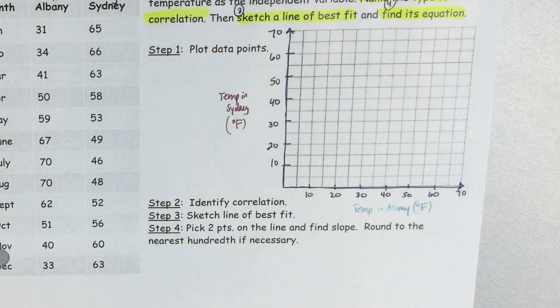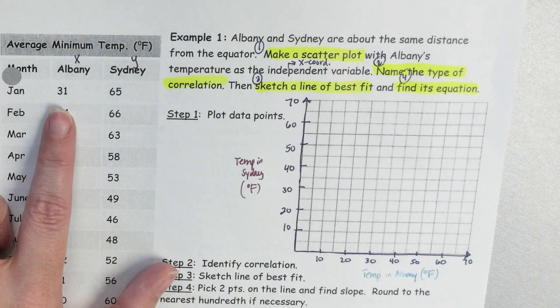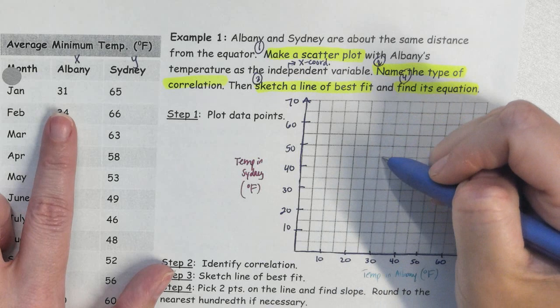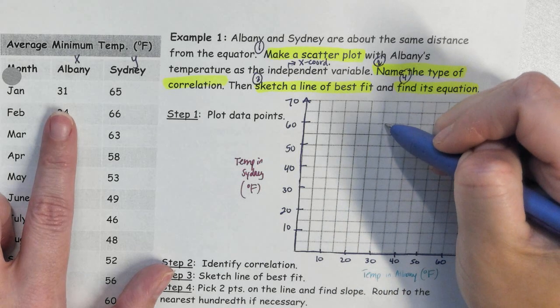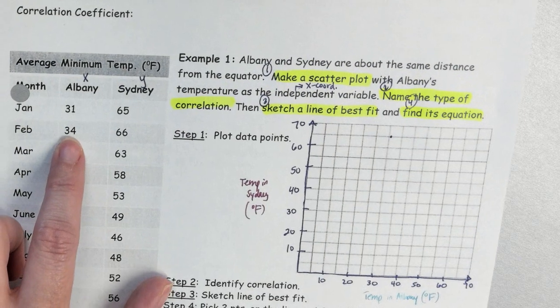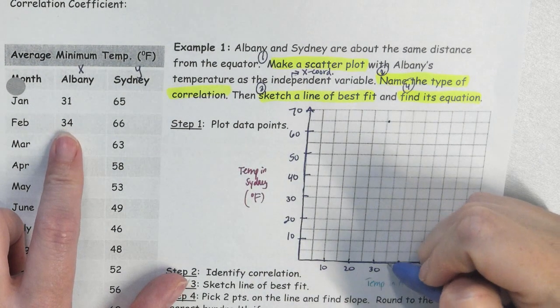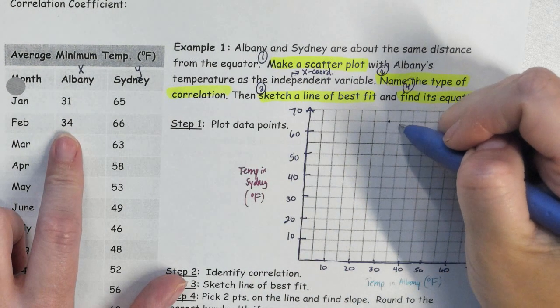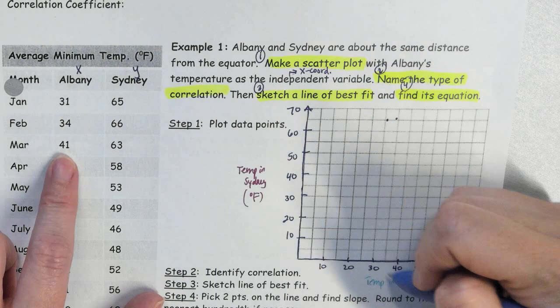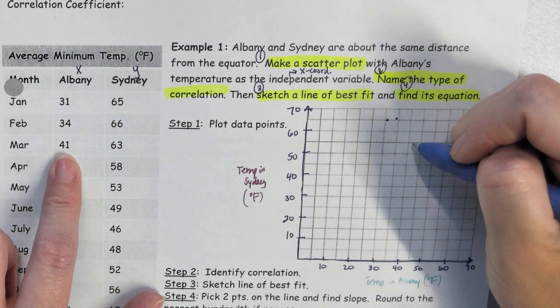And now we're going to start plotting our points. Okay, so I have my x, y, 31, 65, so I'm going to estimate 31, go up to 65, then 34, 66, and then just keep going.